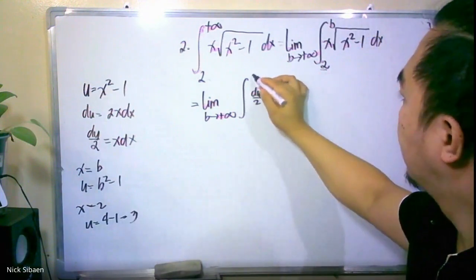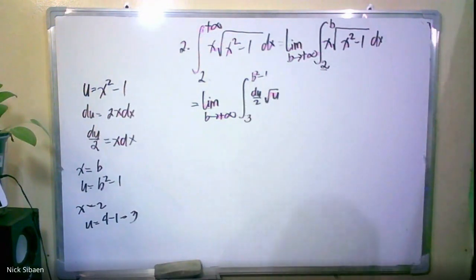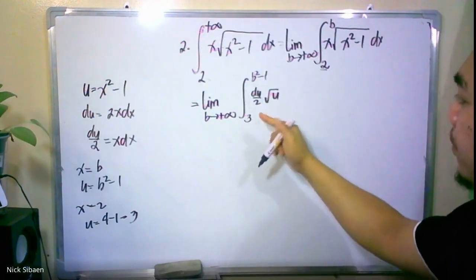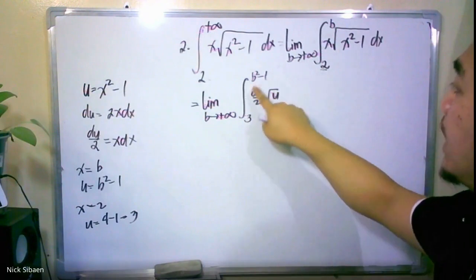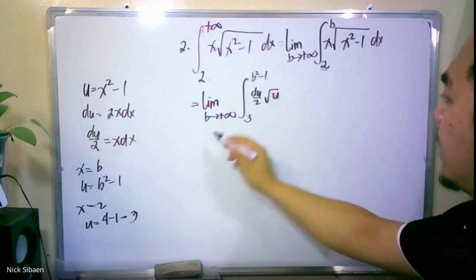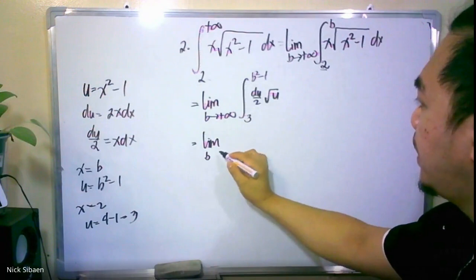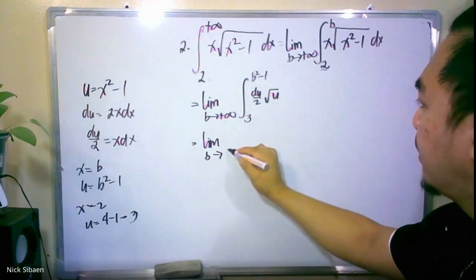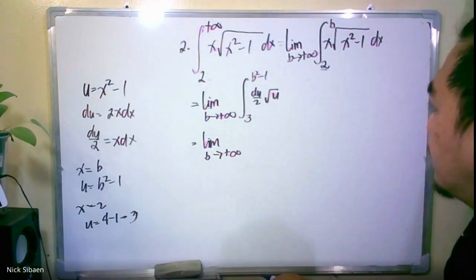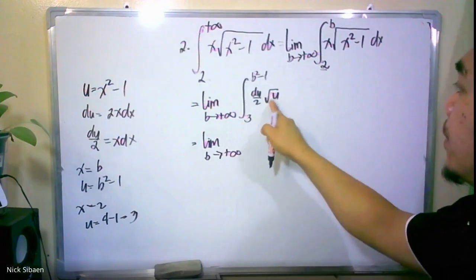So magiging b squared minus 1 yan, at nagiging 3 yung bago nating limits. Otherwise, kung ayaw nyo gawin yan, pwede naman mag-stay dyan, pero kailangan bumalik tayo sa variable x. So anyway, ginawa naman na natin, so that should be fine. So that's the limit of that one as b approaches positive infinity. So are we now ready to integrate? What is the integral of square root of u?